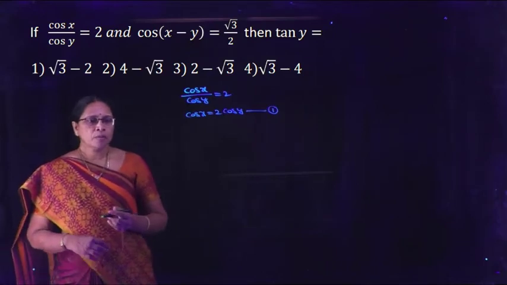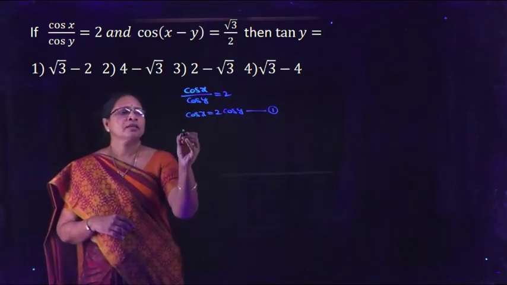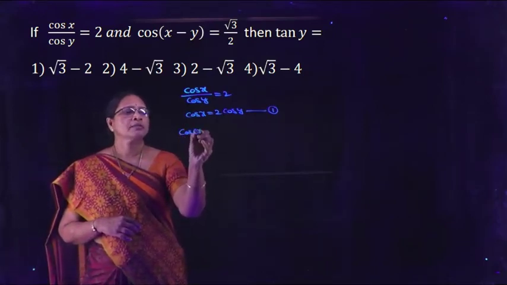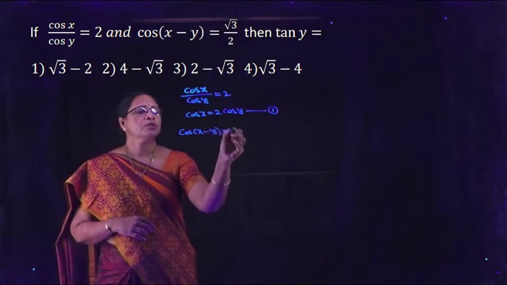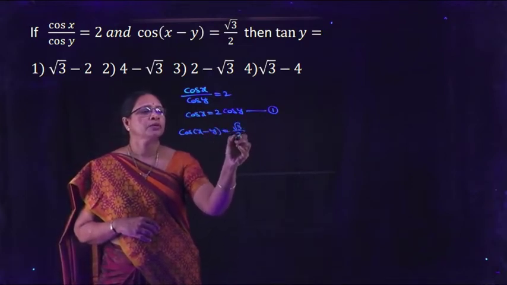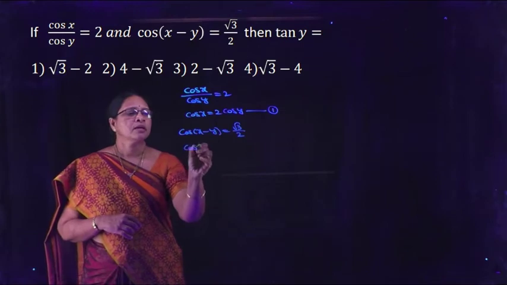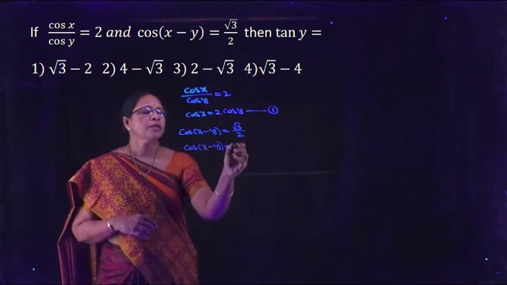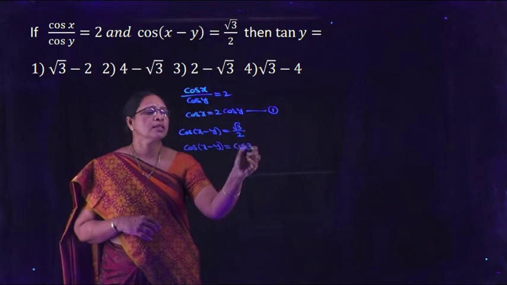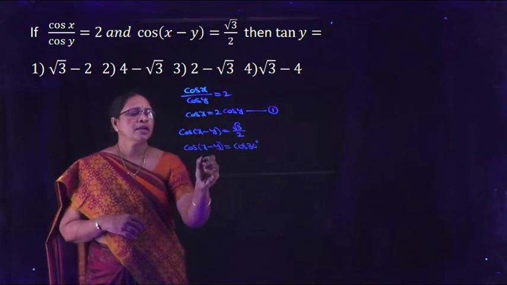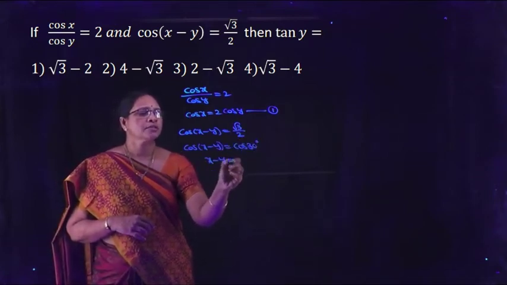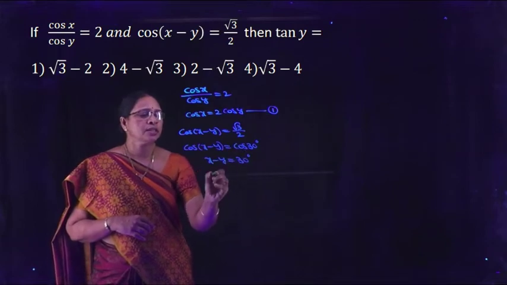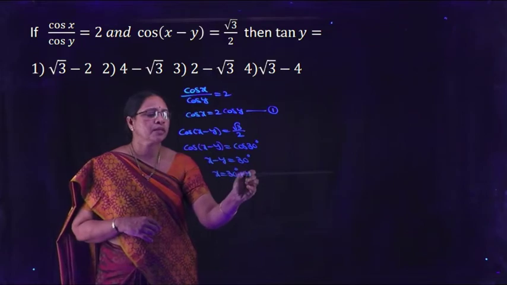In the given problem, also given that cos of (x minus y) is equal to root 3 by 2. Here cos(x minus y) is equal to root 3 by 2 is cos 30 degrees. By equating we get x minus y is equal to 30 degrees and x is equal to 30 degrees plus y.